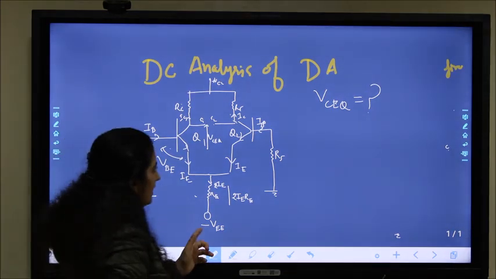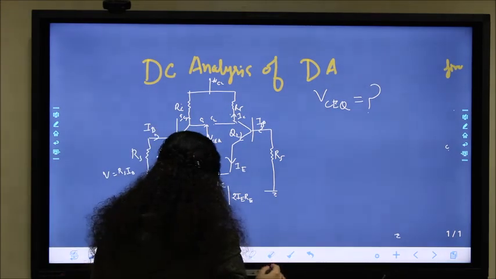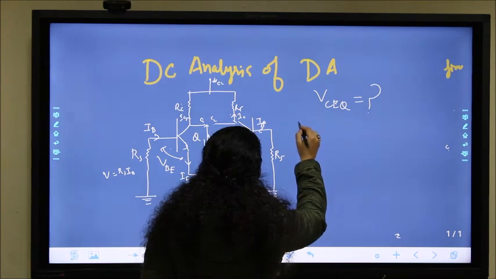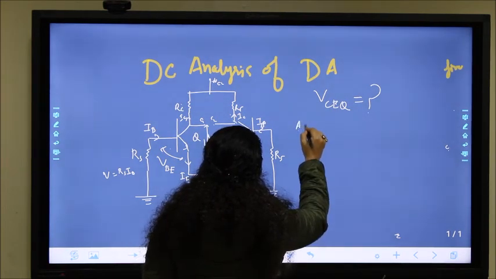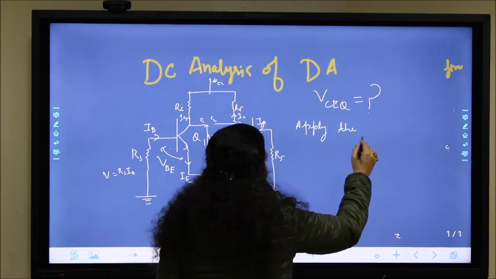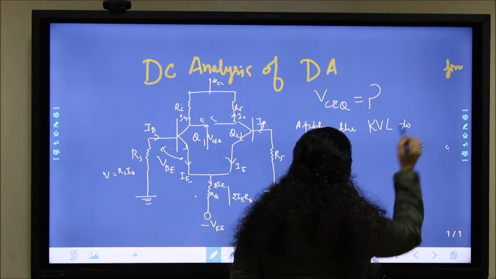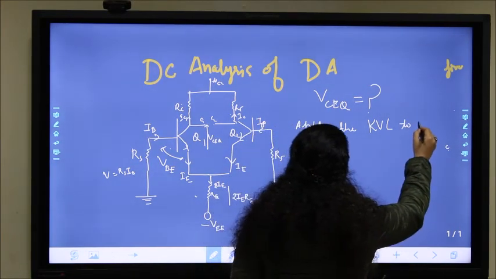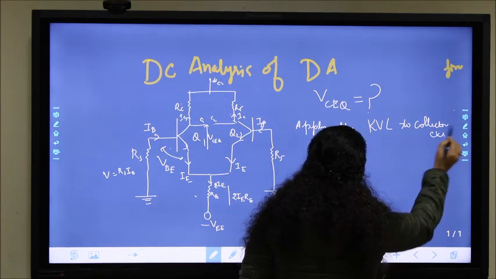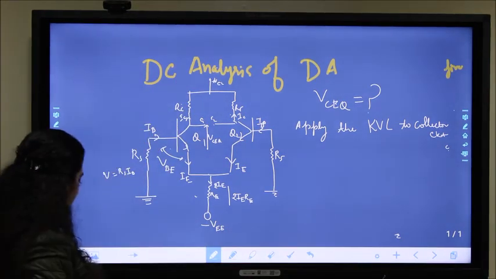Now we will apply the Kirchhoff voltage law, KVL, to the collector circuit.